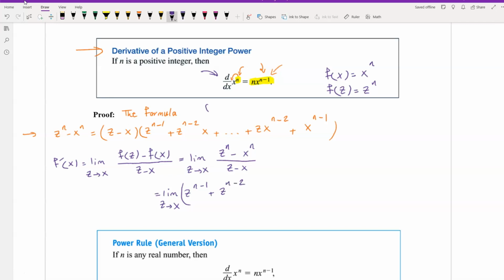I'm writing what we have here on that part, using 3 dots plus, and finally here we have z to the power of 0, so that is 1 times x to the n minus 1.